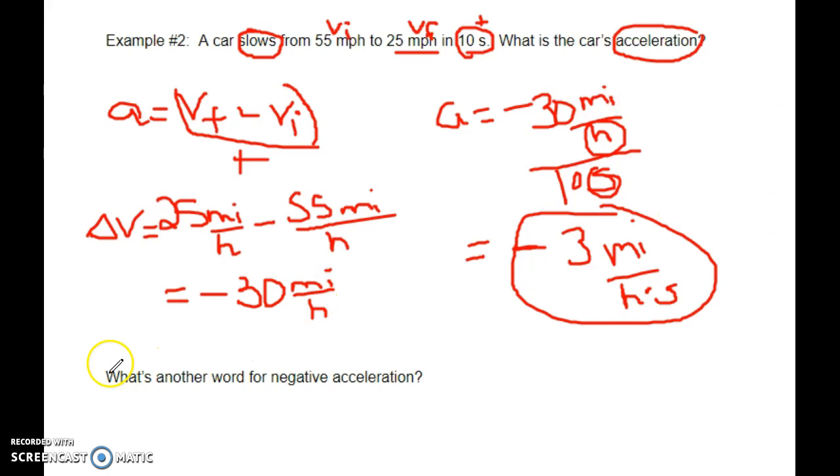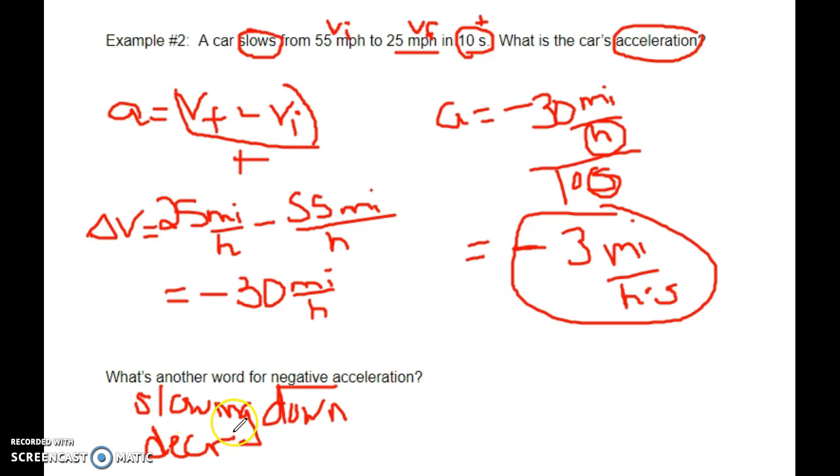And then we have another question here. What's another word for negative acceleration? So we have all of these multiple words that are called slowing down, decreasing, so we can have all of those. But as you can see, that really isn't one word. Decreasing acceleration.